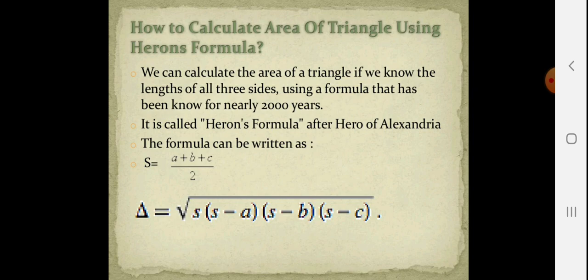It is called Heron's formula after Hero of Alexandria. The formula can be written as S, the semi-perimeter, is equal to A plus B plus C divided by 2, and your formula for finding area is under root of S into S minus A into S minus B into S minus C.